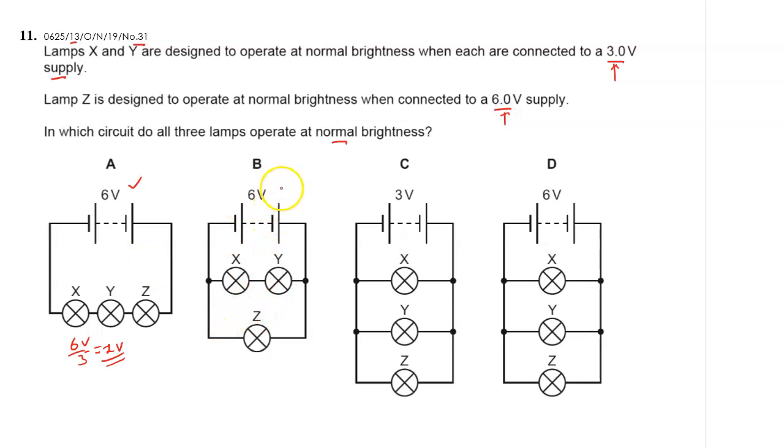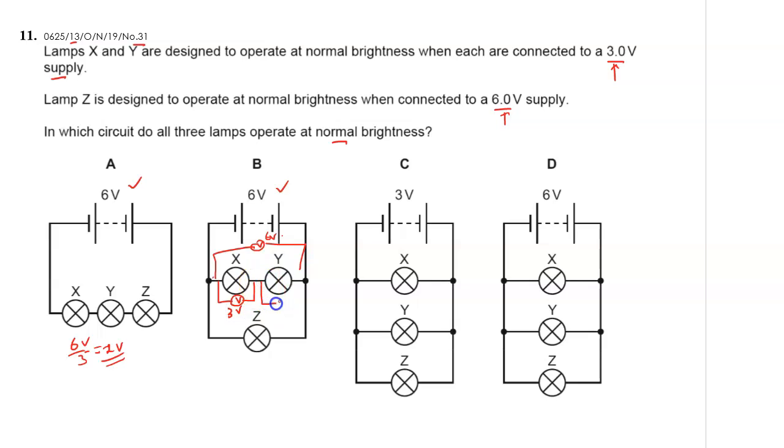The voltage here is 6 volts, and when you put a voltmeter here, this voltmeter will read 6 volts. But since X and Y are in series, if you put a voltmeter across X, this will be 3 volts.